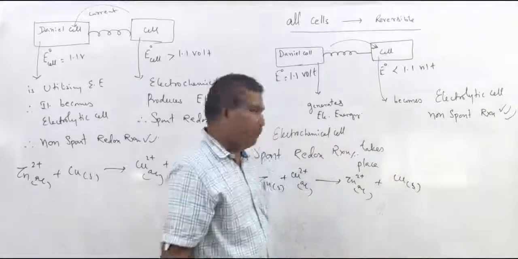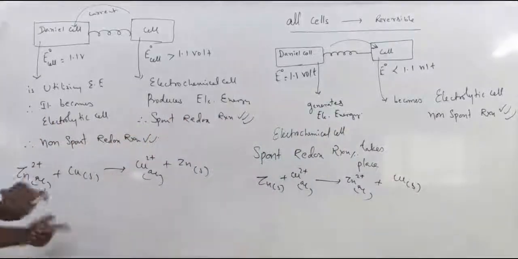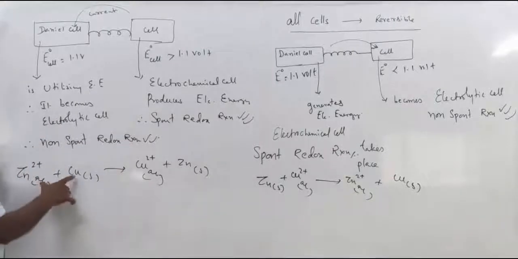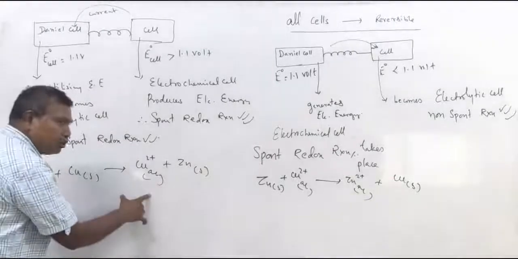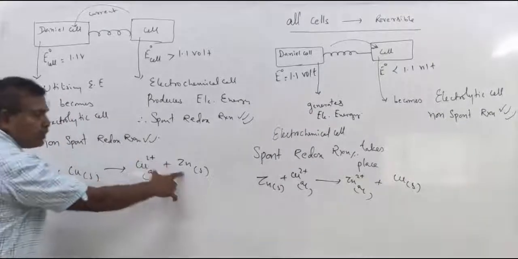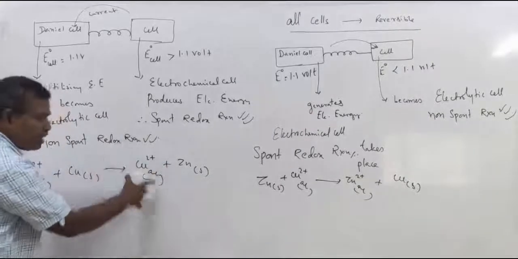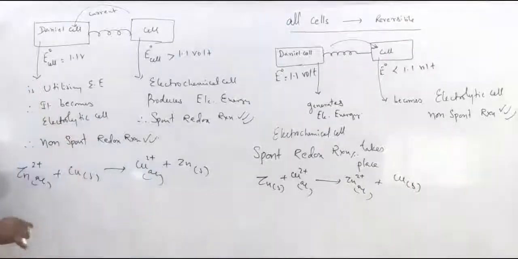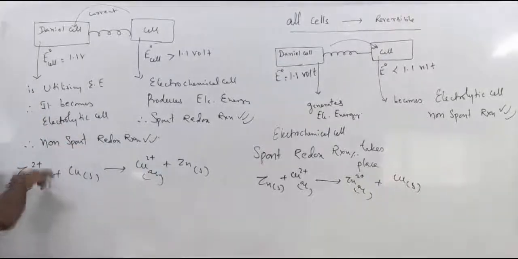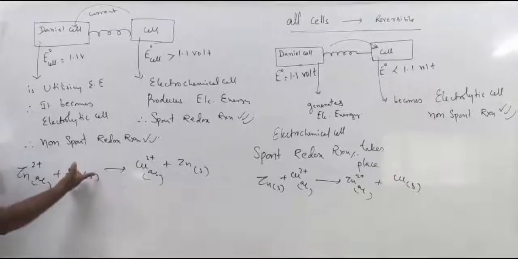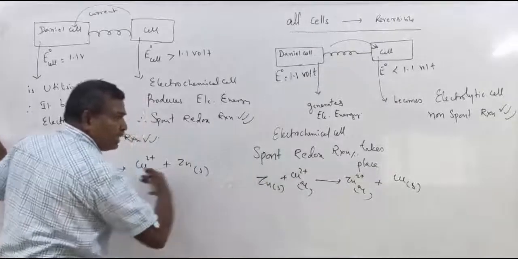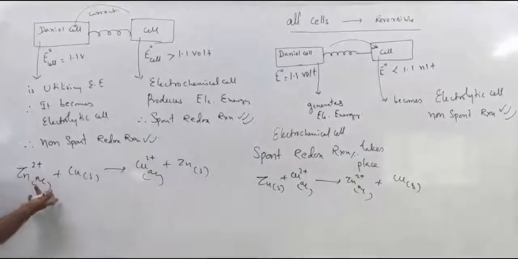Now the reverse reaction is non-spontaneous: copper dissolves in the solution, zinc ions are precipitated. Therefore, the backward reaction is non-spontaneous, so a non-spontaneous redox reaction takes place.